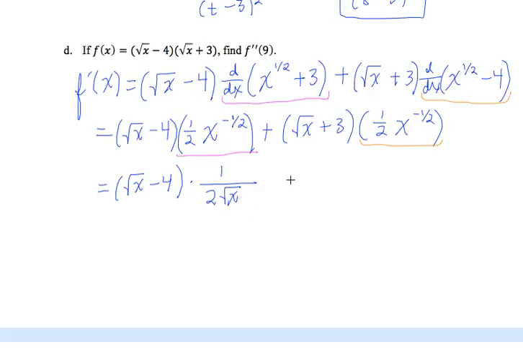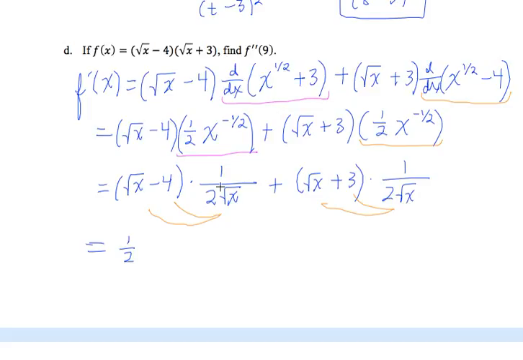And it's the same thing over here. So plus root x plus 3 times 1 over 2 root x. And it looks like if we distribute that out, some things will cancel a little bit, because root x times 1 over 2 root x, those root x's completely cancel, and you're just left with 1/2.